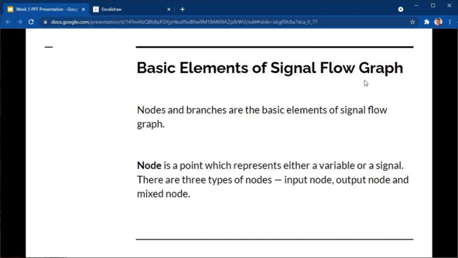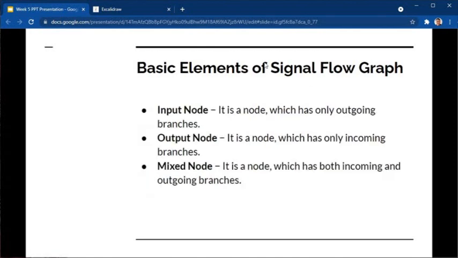A node is a point which represents either a variable or a signal. There are three types of nodes: the input node, the output node, and the mixed node. This is the definition. The input node is a node which has only outgoing branches.